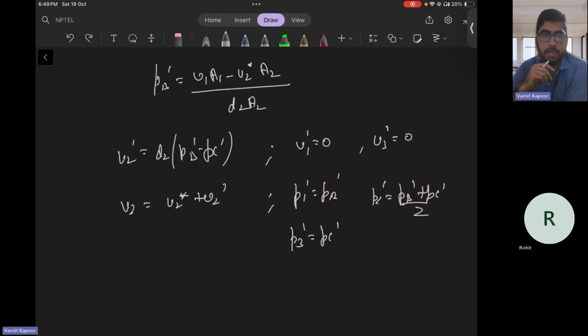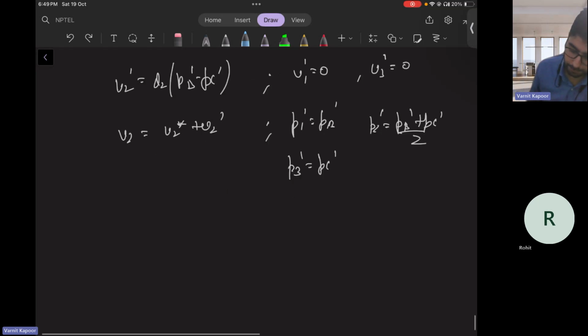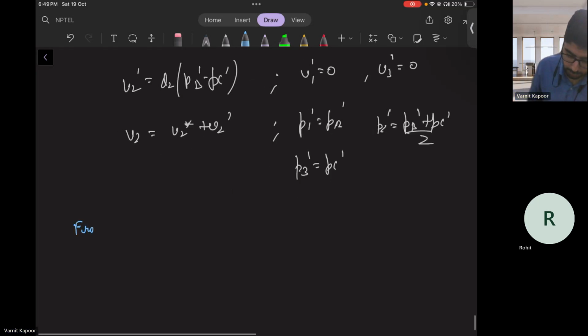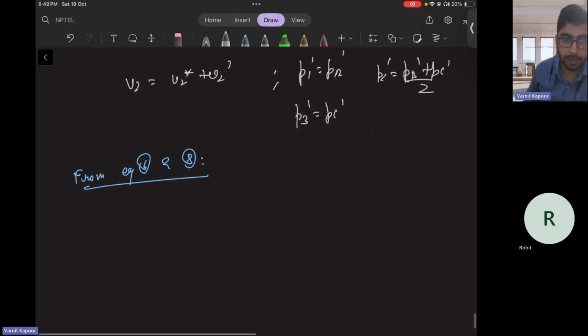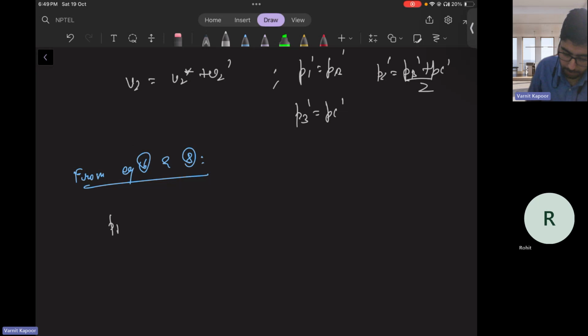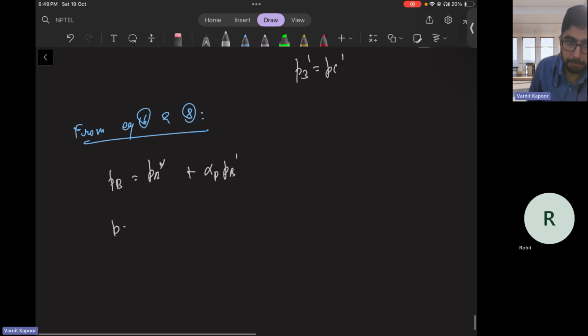So let me write here directly from equations 6 and 8. You can say that PB will come out to be PB star plus alpha P PB prime, and PC is equal to PC star plus alpha P PC prime.